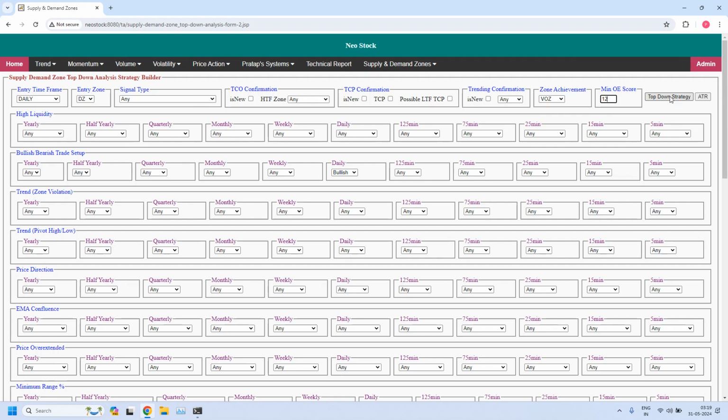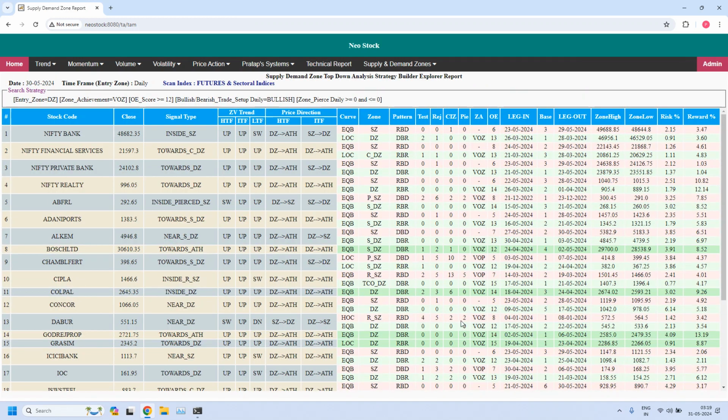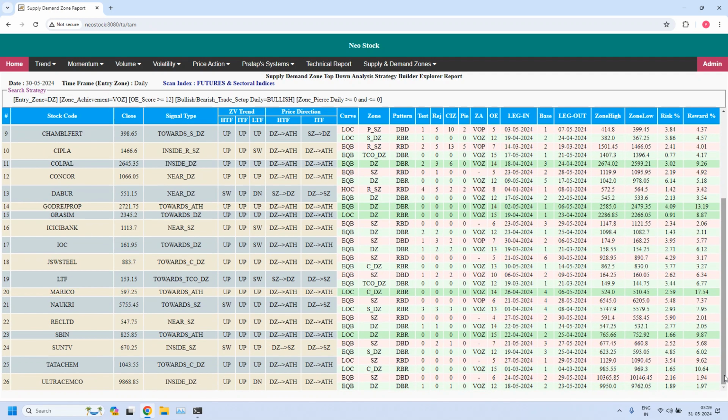So let us generate the report. See, there are a good number of stocks currently supporting bullish trade setup. Let me scroll down. 26 stocks are currently supporting.